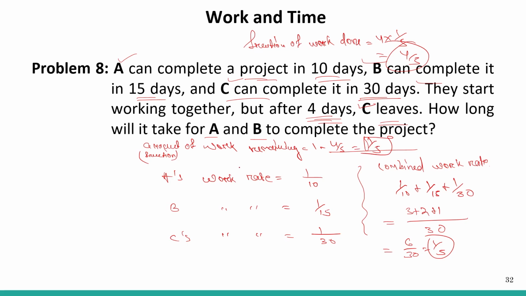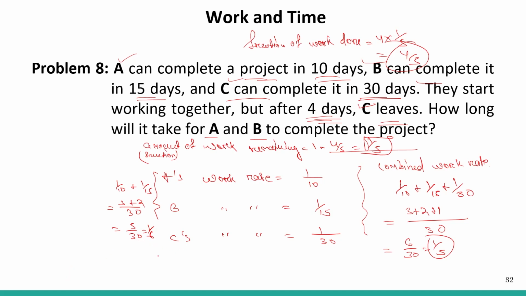Right now what we need to do is calculate the combined work rate of A and B. So the combined work rate of A and B is 1 by 10 plus 1 by 15, right? So this will be, over 30, 3 plus 2 is equal to 5 by 30, which is equal to 1 by 6.